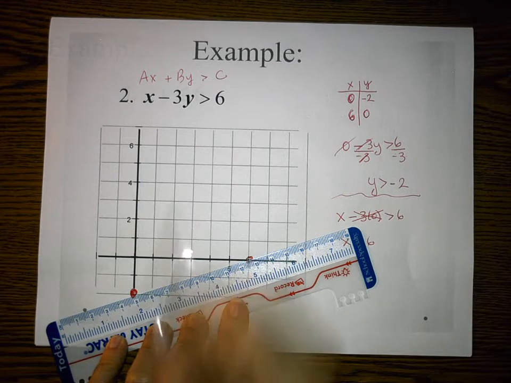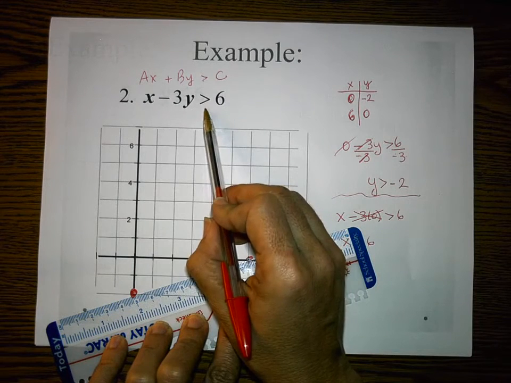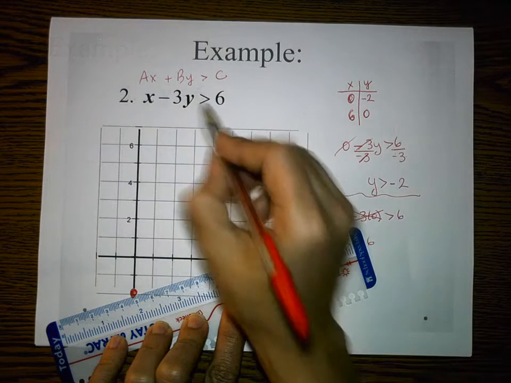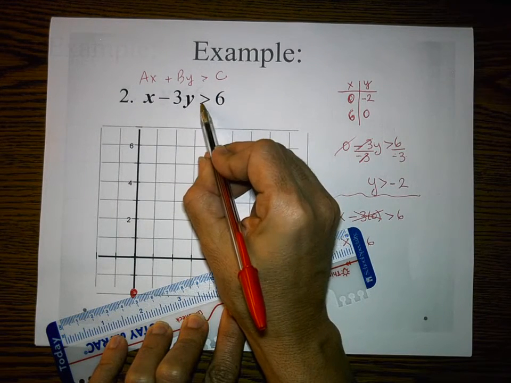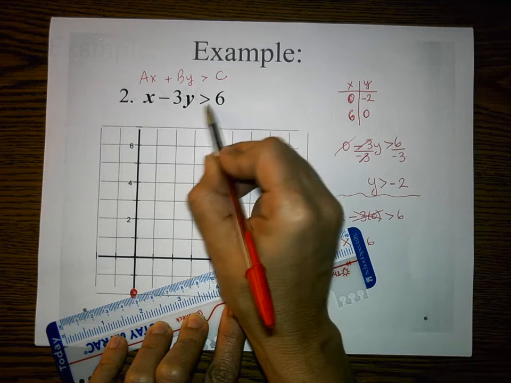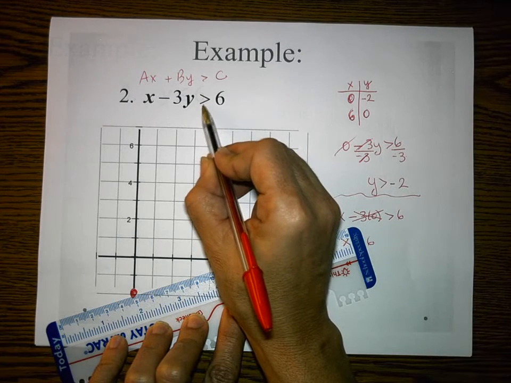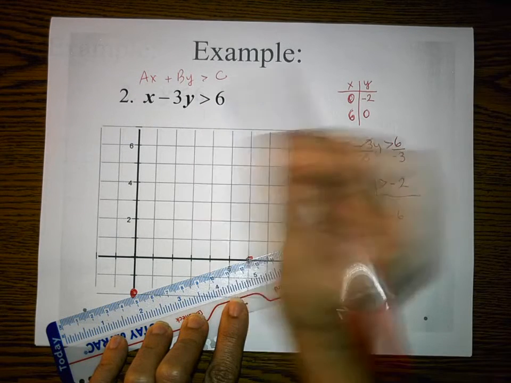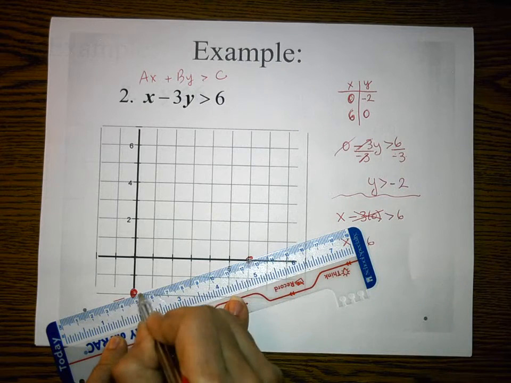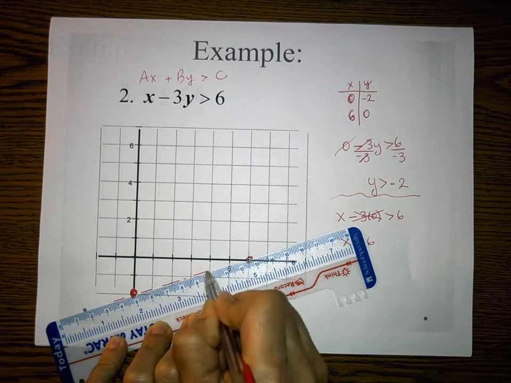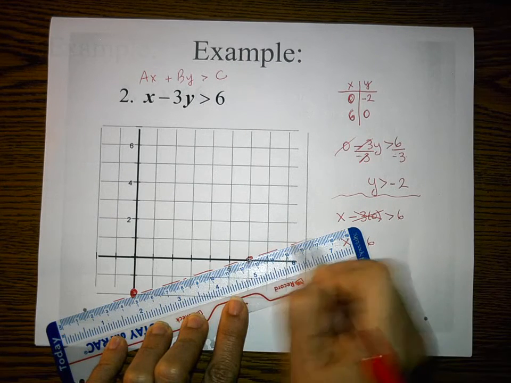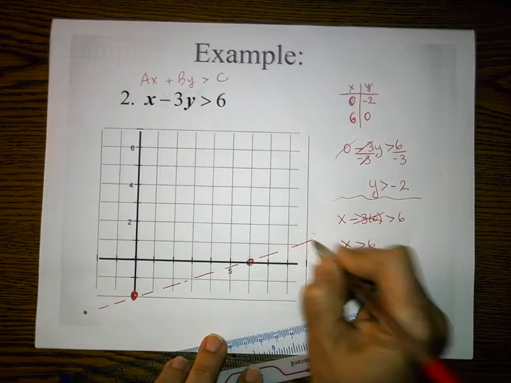Well, take a look at the symbol. The symbol says greater than with no equal under. So that means I'm doing a dashed line. There is no equal, so it is a dashed line. So a little dashed line, just to show you, here we go, a dashed line, okay?